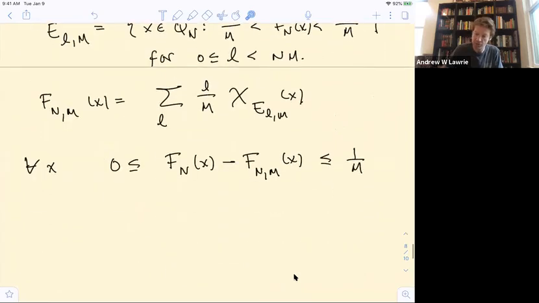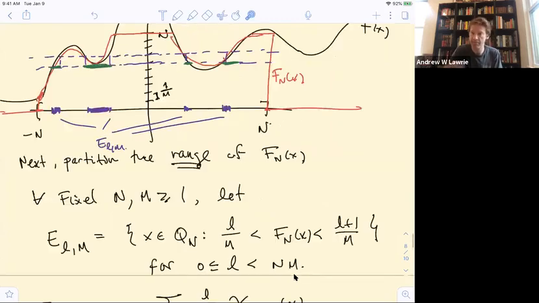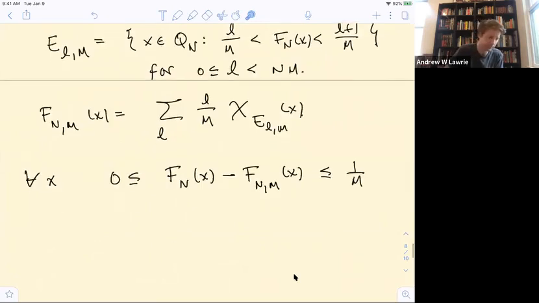So I'm approximating from below. This is always a positive number, and I'm only off by 1 over m everywhere. I've summed up overall, so there are many such subintervals, and I have a bunch of different simple functions in this f_{n,m}.